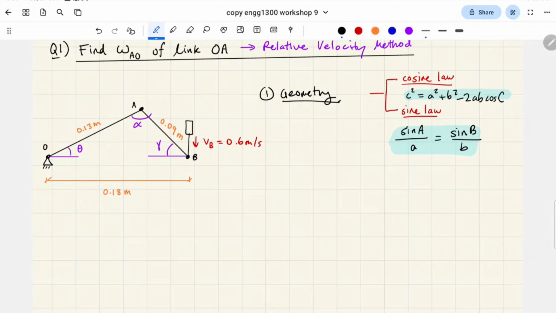We can actually choose to use sine law or cosine law because we have enough information for both. Wait, do we? I think we have to use cosine law first because we don't know any of the angles, right? Yeah, sorry, my bad. So we use cosine law first.